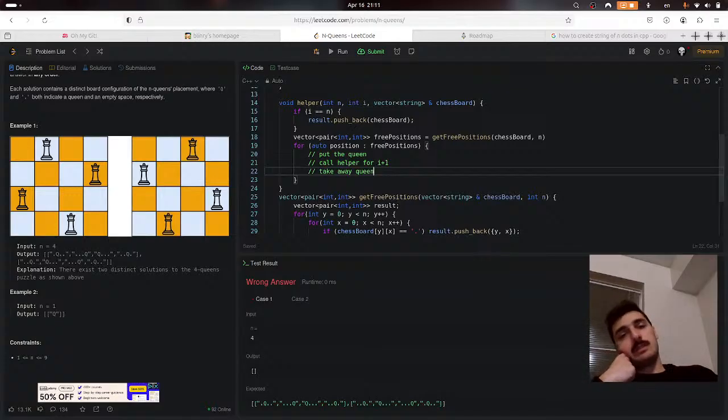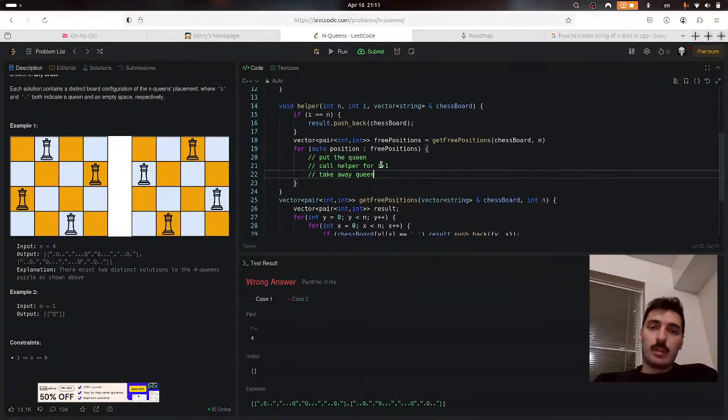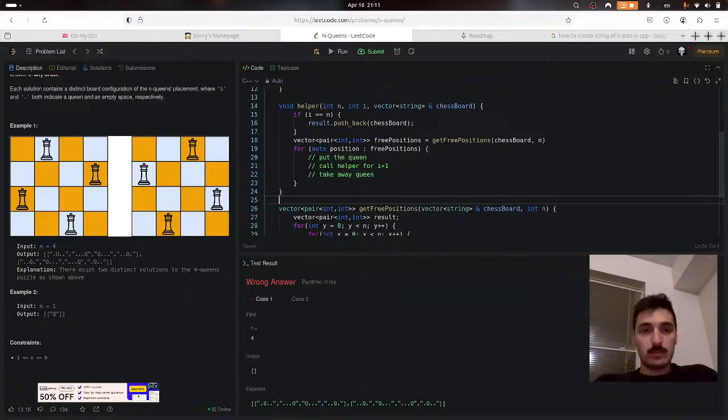Now let's decompose this whole solution: put queen is going to be one method and take away the queen is going to be another method.